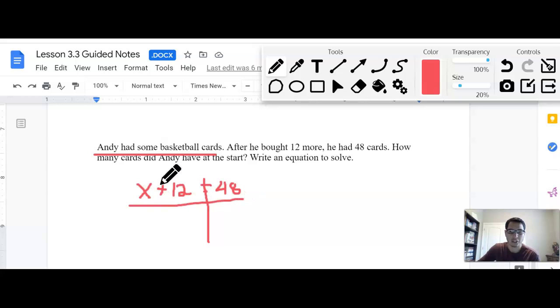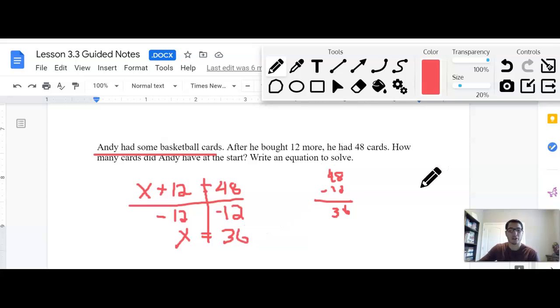The inverse operation of addition is subtraction, so we subtract 12. Whatever you do to one side, you must do to the other to keep the equation balanced. On this side we should have x equals 48 minus 12. That's 36.